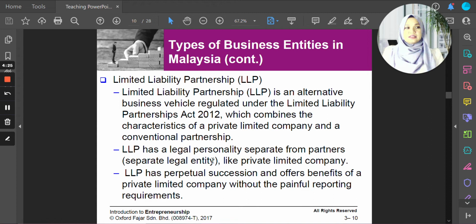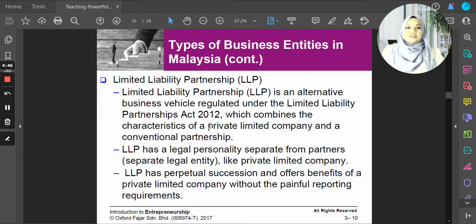The next business entity is the LLP, the limited liability partnership, which is another alternative business vehicle regulated under the Limited Liability Partnership Act 2012. It combines the characteristics of a private limited company and a conventional partnership.